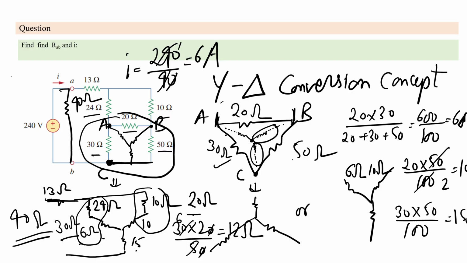So overall, how much will it become? It will become 40 ohm. So how much current will flow? 240 divided by 40 is equal to 6 amps. So the RAB equivalent will be 40 ohms, and the current flowing into the system is 6 amps.